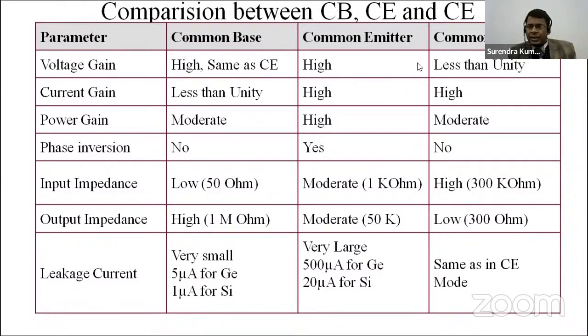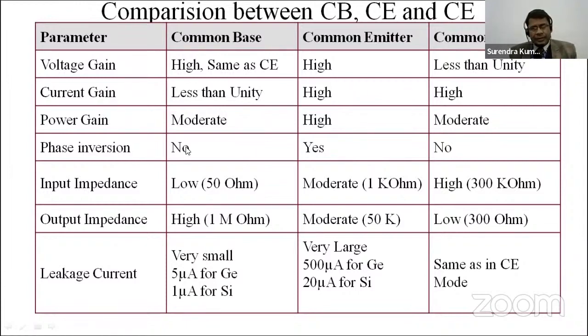Common collector configuration: the voltage gain is less than unity and current gain is high. Already we have discussed the collector current gain. Current gain in common collector configuration is just equal to common emitter, and the power gain is moderate.